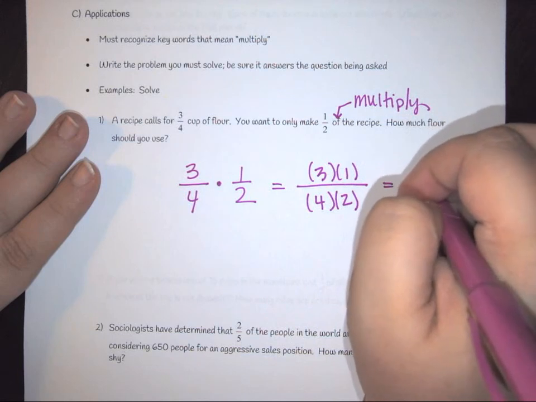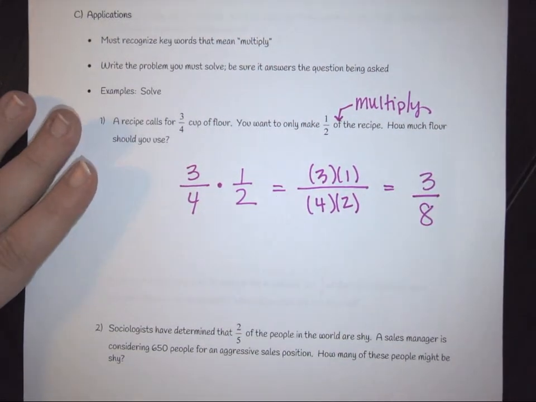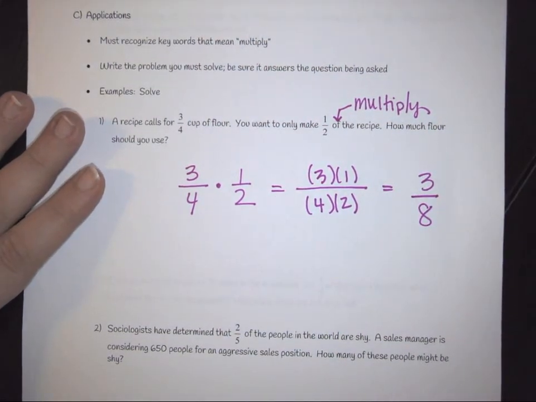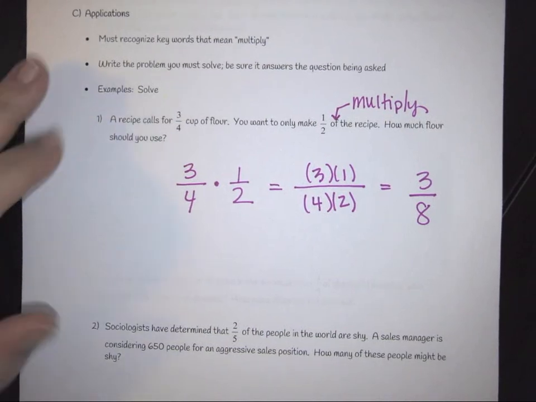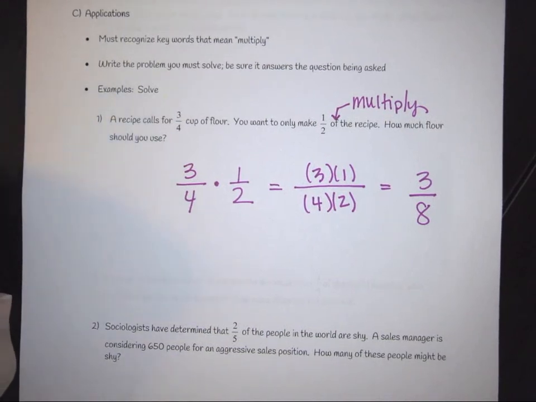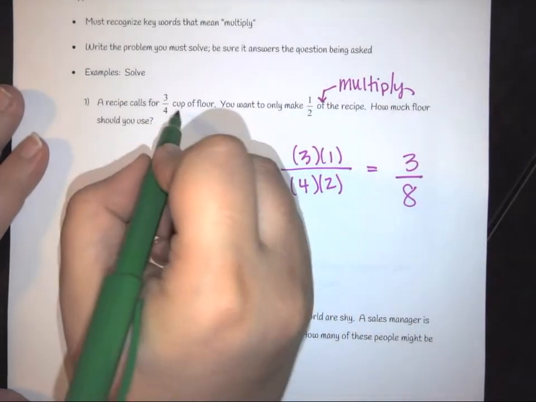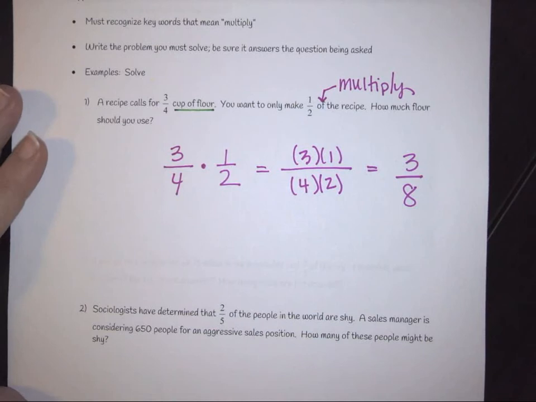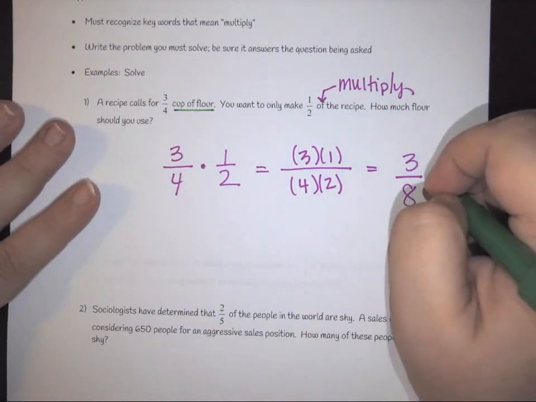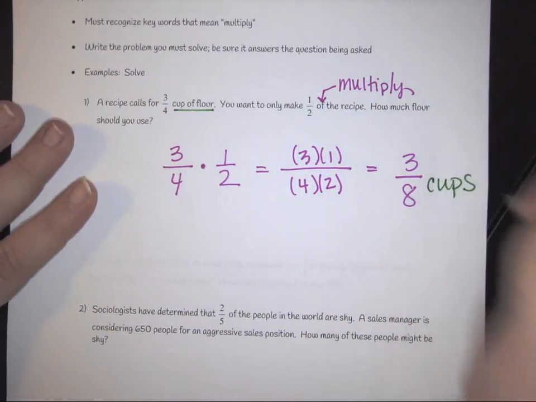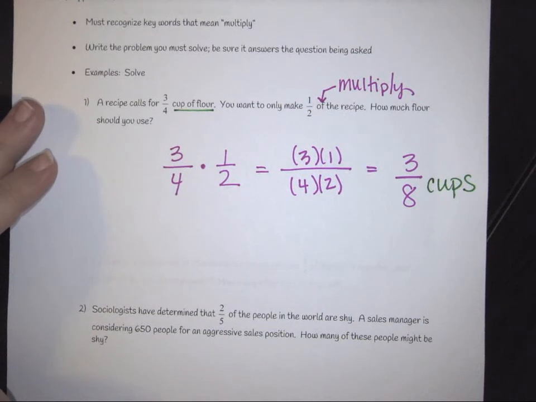So this becomes 3/8, thus answering your question. Now, because this is a word problem, in general we have to add our units onto it. We were talking about cup of flour, therefore this would be cups.